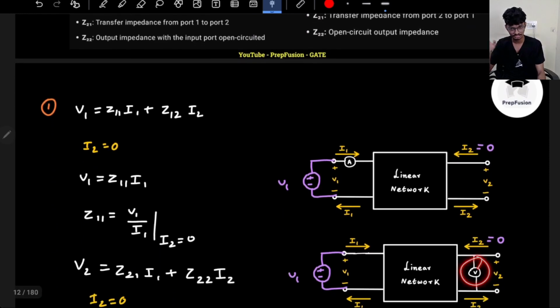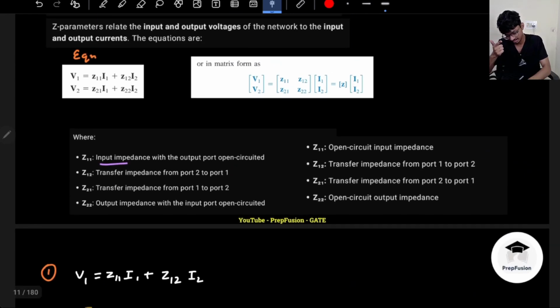Transfer means the two quantities are of two different ports, not the same port. I hope you can understand this part as well. You have to make I1 0. If you make I1 0, you will get V1 by I2, which is Z12, known as the transfer impedance, when the input current is 0.